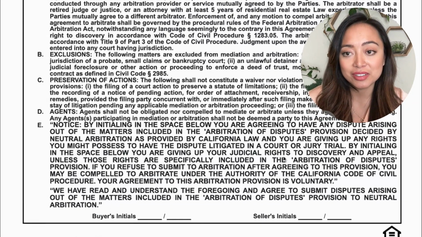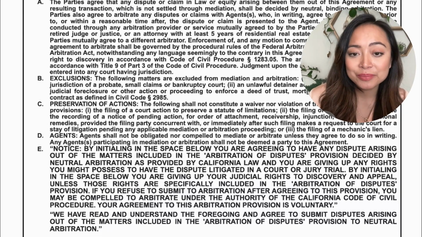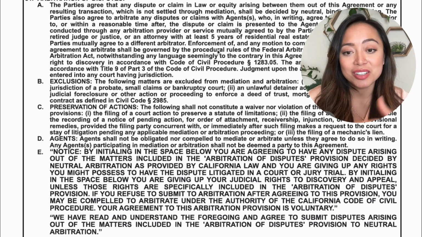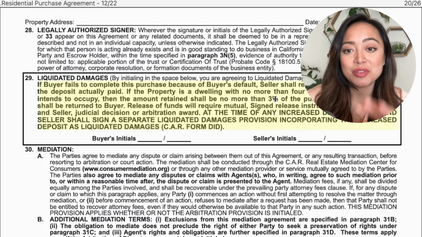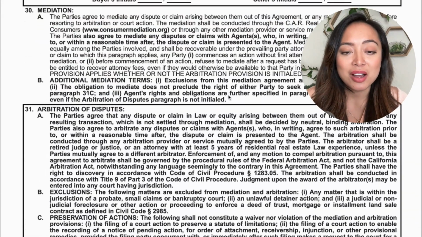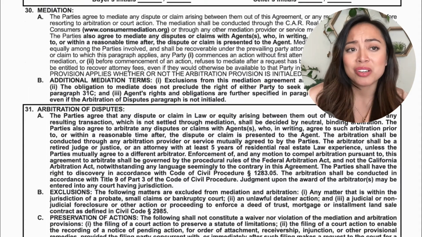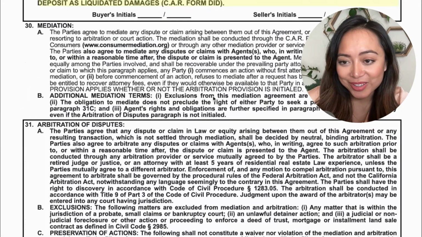Again, both parties need to agree to this if that's how you want to resolve any disputes in terms of the deposit, right? What damages are actually owed to the seller, if there are any, and that could be disputed in itself. So it's not necessarily that it's always going to be the 3%, but it's going to be up to the 3%. And you'll have to prove your case that the home was only on the market for such a short period of time. We're also in a down market, and so not many damages are due to the seller, and for that reason, you only owe 1%, 2%.